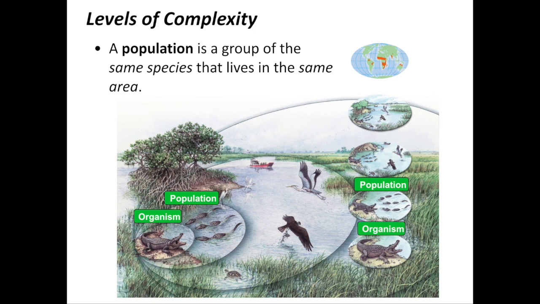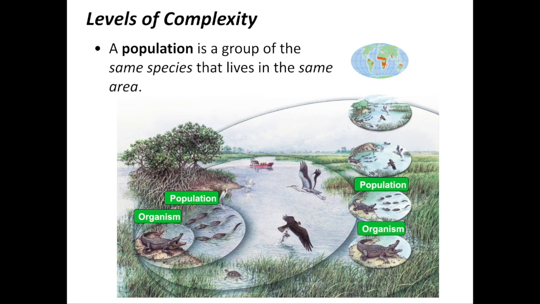So as we're looking at this, talking about a population, it has to be individuals that have some interaction with each other, but they can be at vastly different scales.